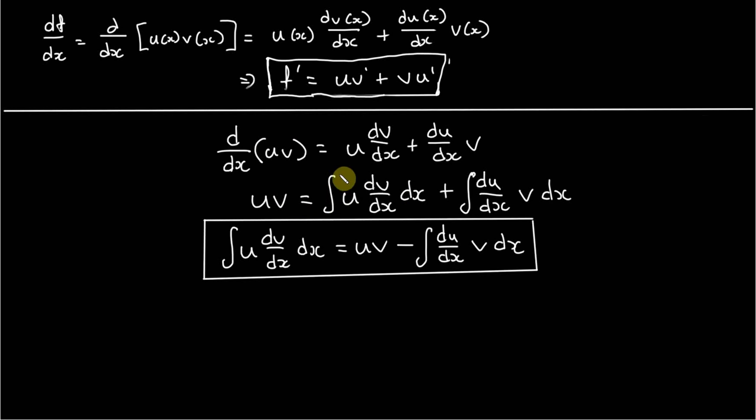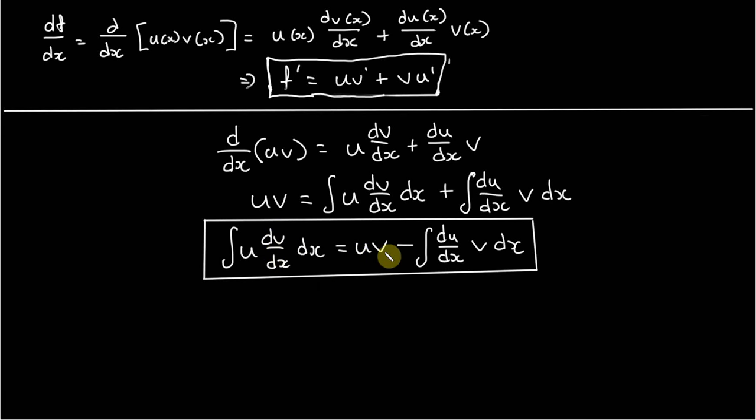I guess that's the point I want to emphasize here: this is how I remember integration by parts. For all intents and purposes, it's just the integral of a product of two functions, where the first function is multiplied by the integral of the second. We have u and v. The first function is u. Our second function, we're treating as dv by dx, the derivative of v with respect to x.